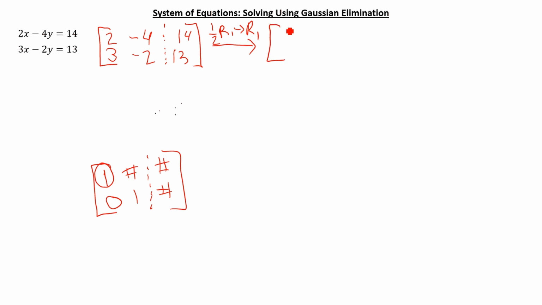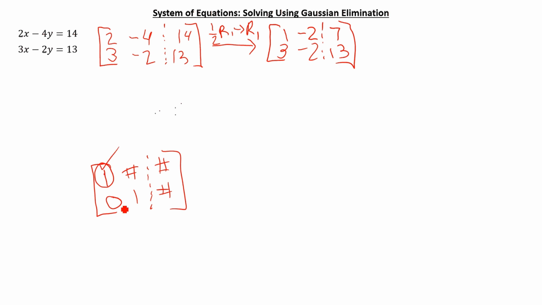So we end up with 1, -2, and 7. We multiply everything in row 1 by 1/2. When you're multiplying by 1/2, you can think in your head of dividing by 2, and that's fine. I'm just putting back row 2 because we didn't do anything to that. Now we got the 1, so check mark there.